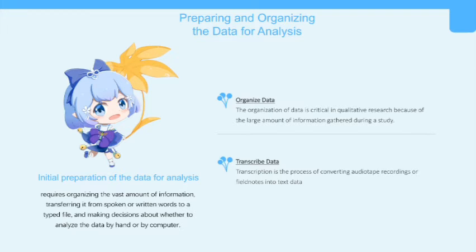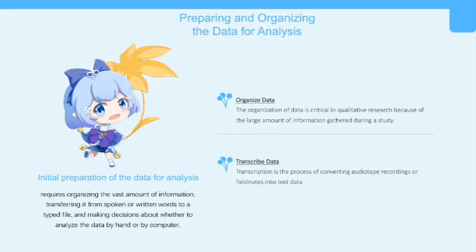First is organizing data. The organization of data is critical in qualitative research because of the large amount of information gathered during a study. The extensive data that an interview yields often surprises new researchers.